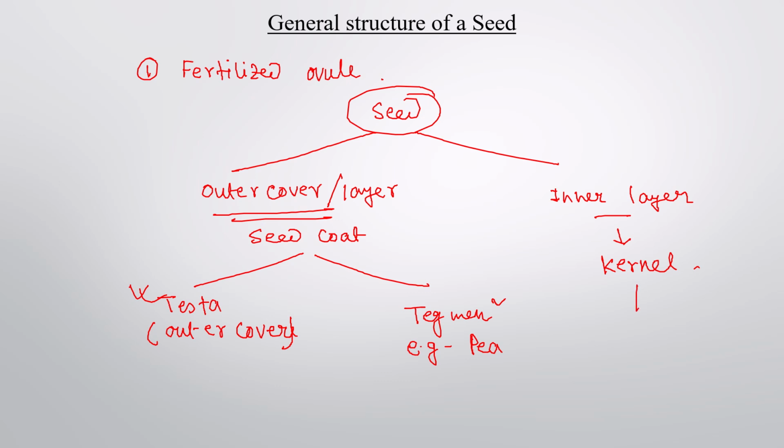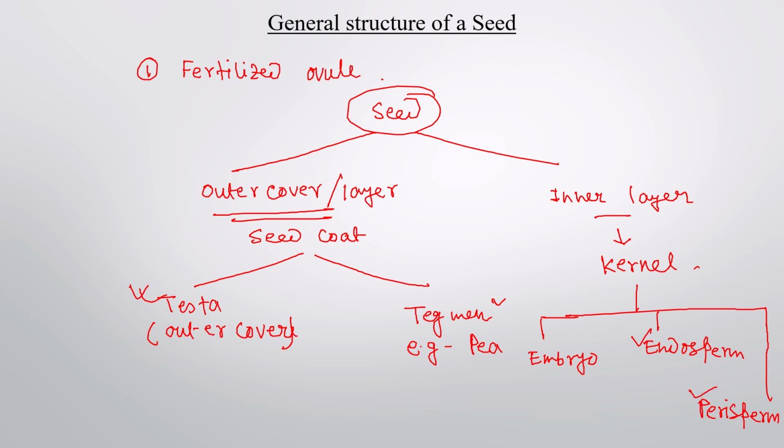The kernel consists of embryo, endosperm, and sometimes it contains perisperm. Both endosperm and perisperm act as a food reservoir of the seed.